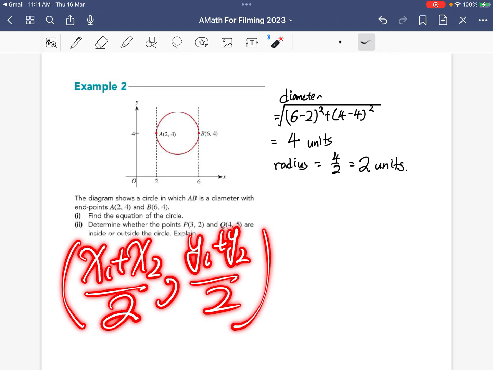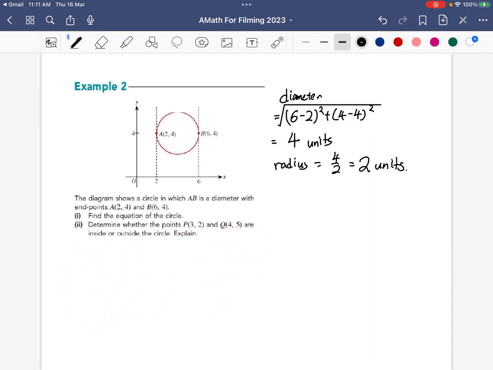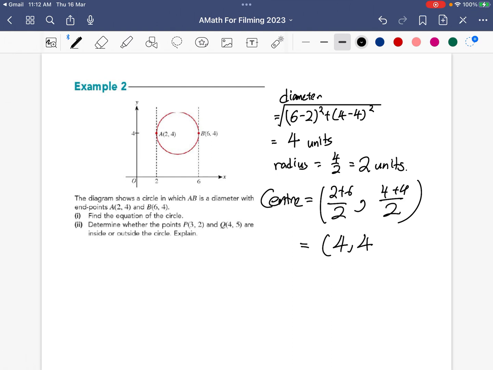This is the way that we can find the midpoint of the line segment. So in this case, to get the center of my circle, I'll take (2 plus 6) divided by 2 and (4 plus 4) divided by 2. And the center of my circle is given by (4, 4).